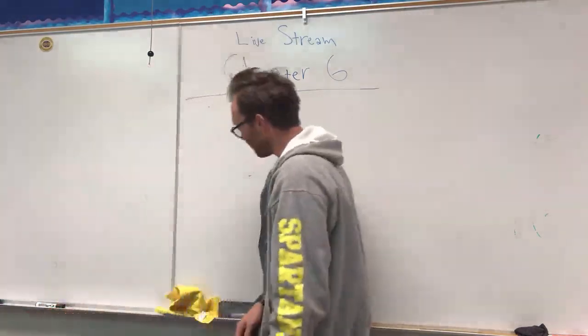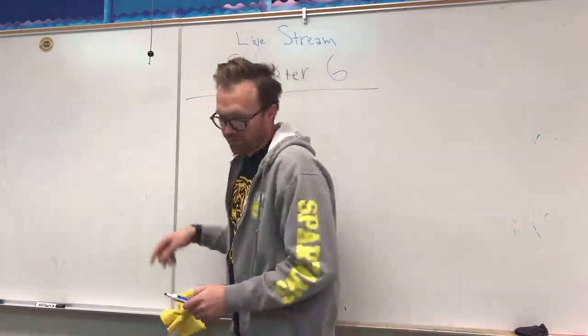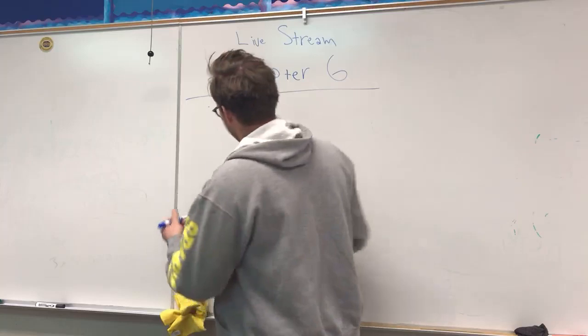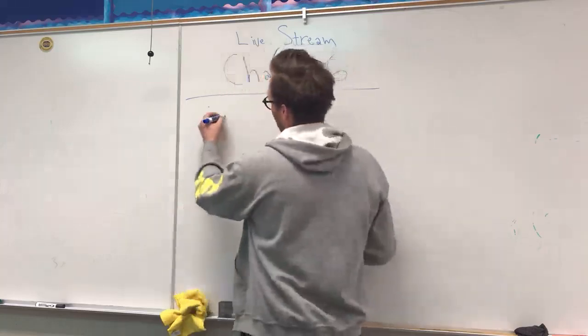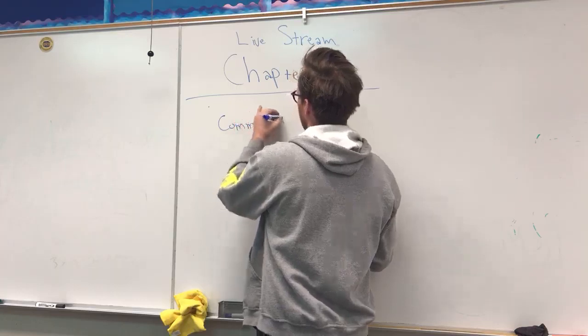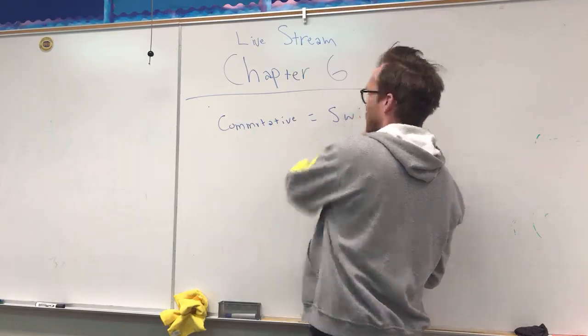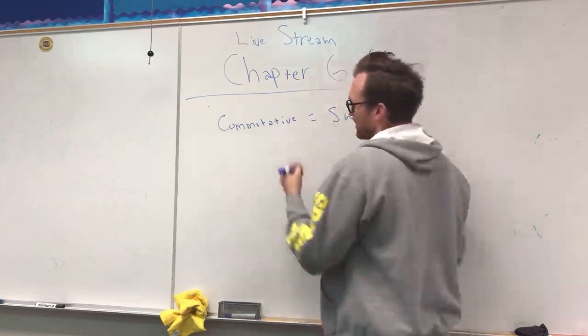So, number 9 just wants to know about commutative property. Commutative property is the thing that means switch. So, which operations can you switch, and the answer stays the same?